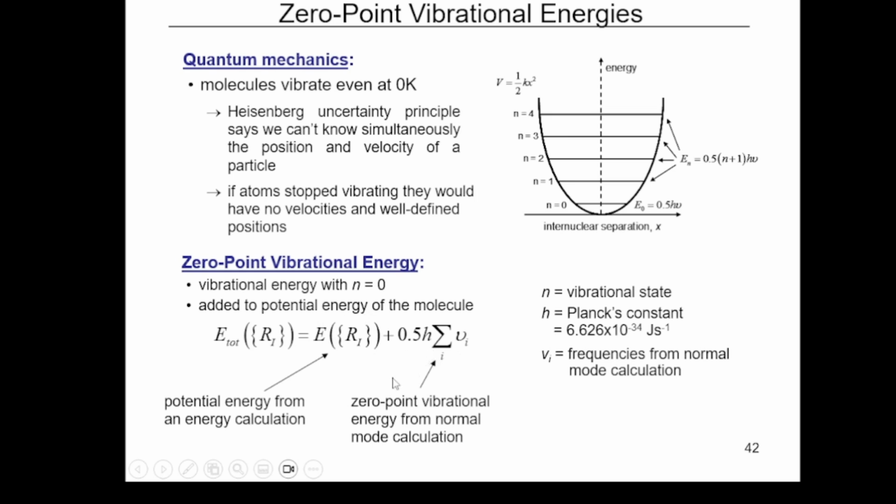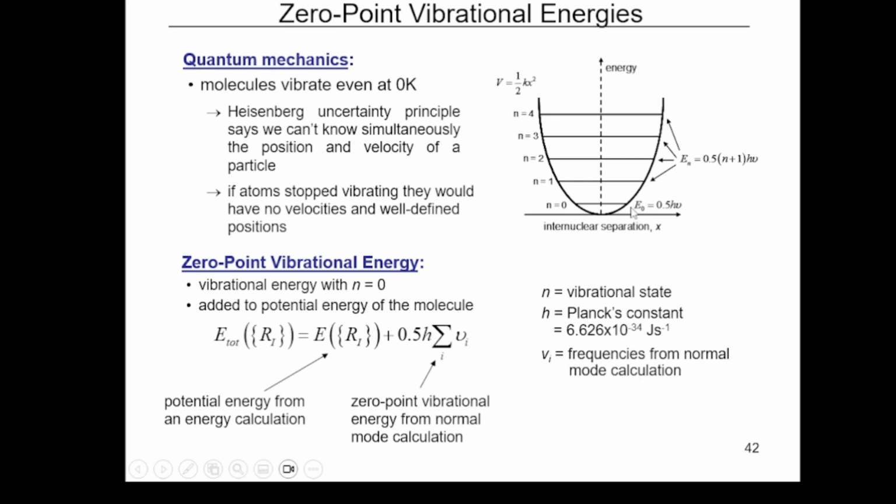Now, in the case of zero-point vibrational energy, you can see here the summation sign. This zero-point vibrational energy comes from the normal mode calculation, while the electronic energy is the potential energy from an energy calculation. In this case, n is the vibrational state, as you can see here: 0, 1, 2, 3, 4. h is Planck's constant, which is 6.626 times 10 to the power minus 34 joule-seconds. nu i is the frequency from the normal mode calculation.